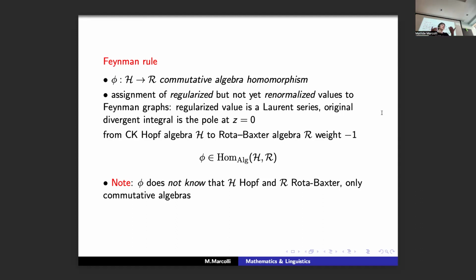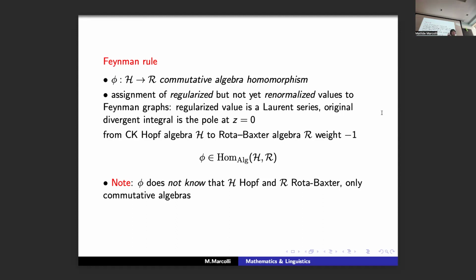And then of course you need both steps to be able to do this renormalization construction, but these two steps have a different nature from each other. And so the characters of a Hopf algebra in general are exactly these things.